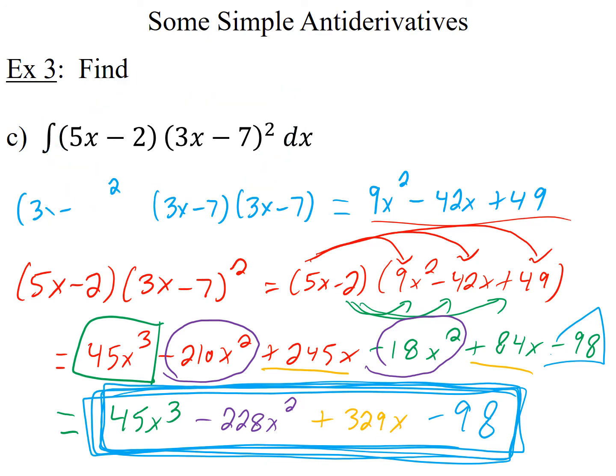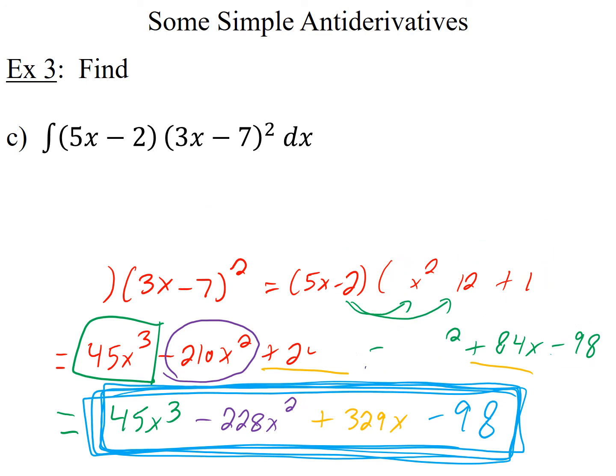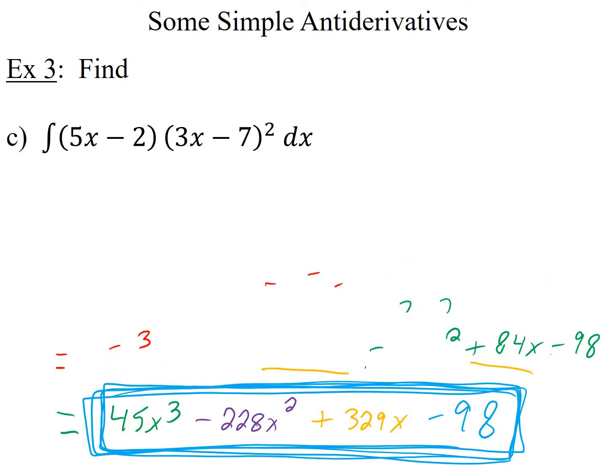So now, again, you rewrite the function. In this case, you multiply it out, and then you find the antiderivative. Okay, so now what we're going to do, notice I'm going to write this symbol down because we haven't found any antiderivatives yet.